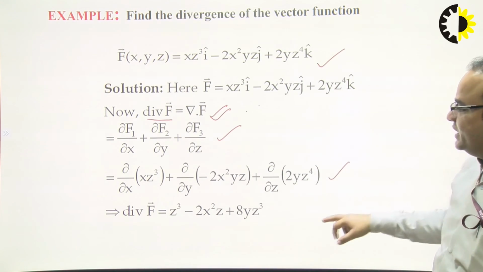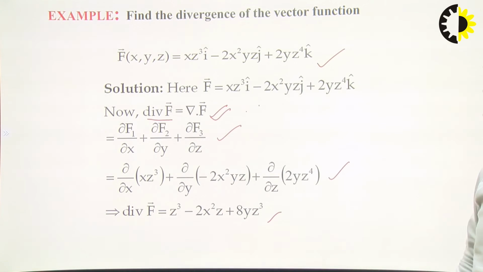After summing these components, we get the result, which is the divergence of the vector F.